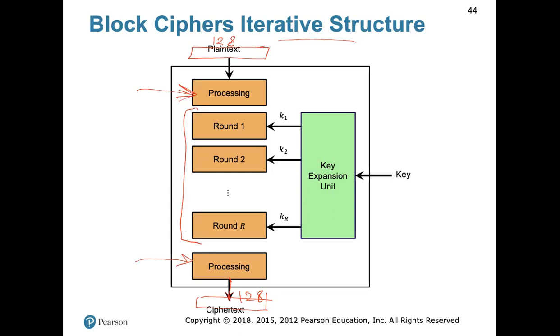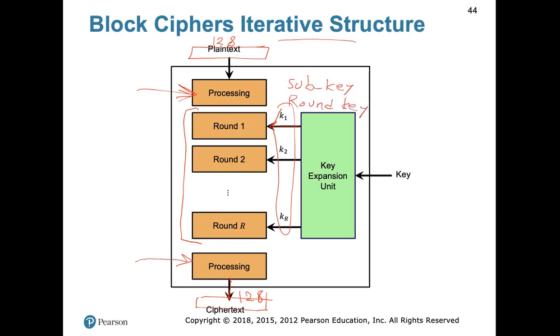For each round, you apply some key: key 1, key 2, up to key R. These are called subkeys, or sometimes round keys.